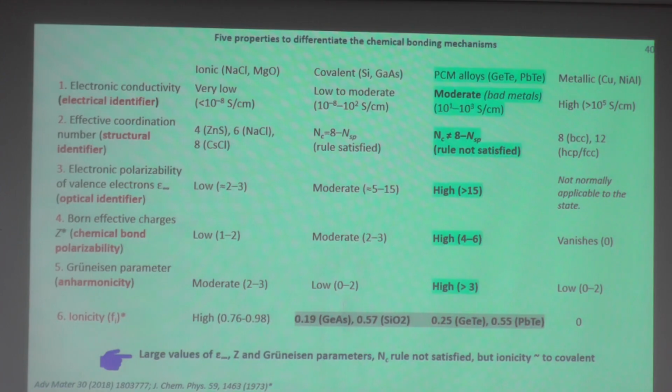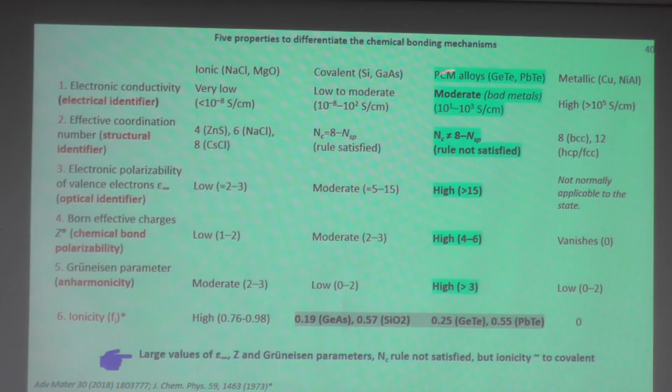Now if we take some materials like ionic, covalently bonded, our phase change alloys, and metallic, and look at different properties, we compared it for crystalline phase change materials, not for amorphous. What we can see here is that the first property is electron conductivity.